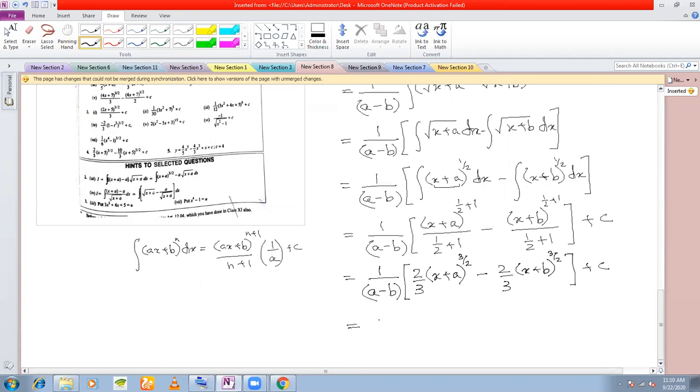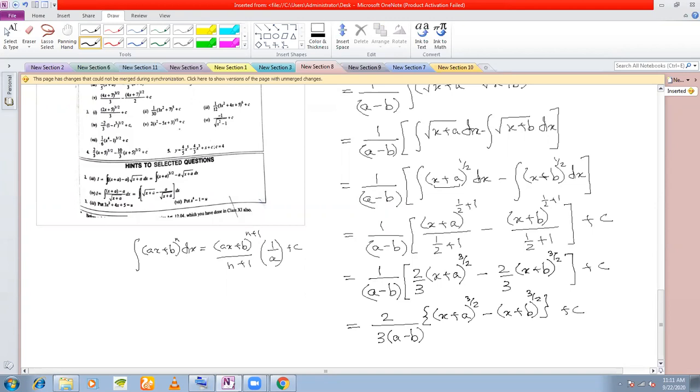So now 2/3 you can take out, 2 by 3 times a minus b, and you are left with only x plus a to the power of 3 by 2 minus x plus b to the power of 3 by 2 plus c.